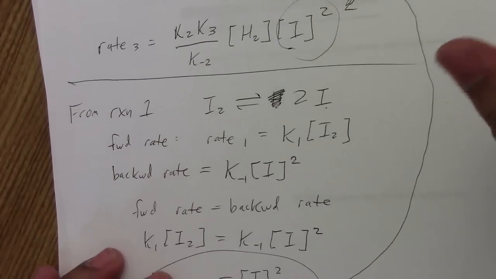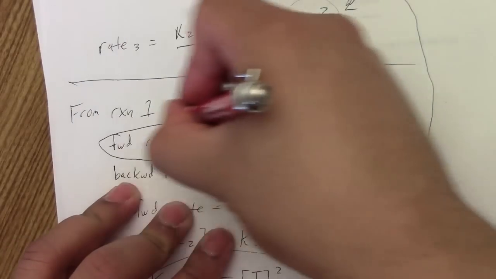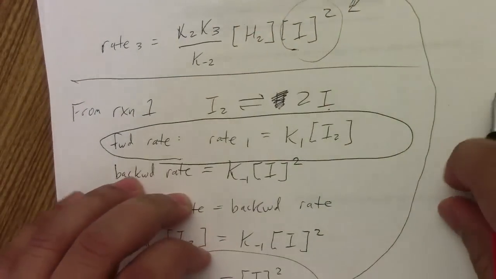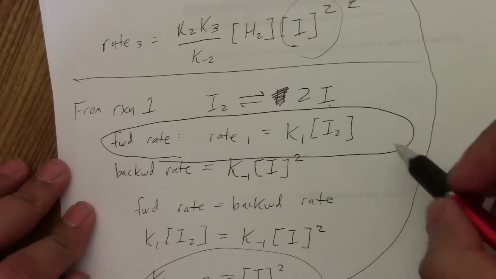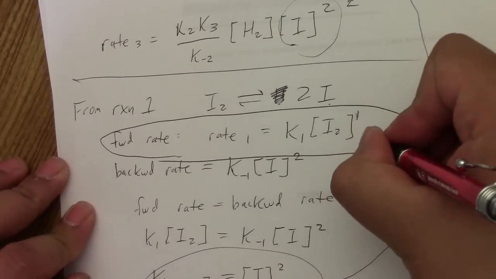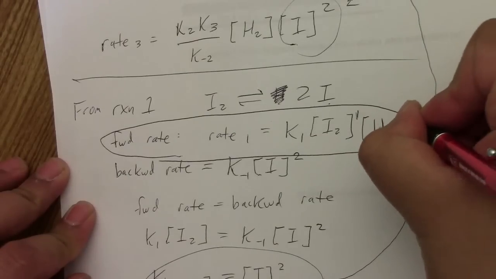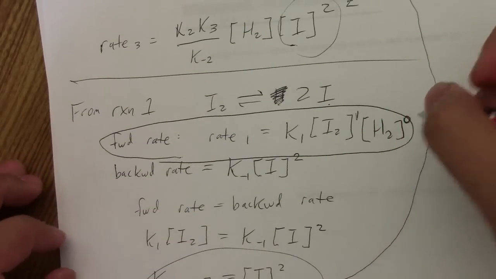So just to clarify that, if reaction 1 had been my slow step, I would only have had to be concerned with this one over here. And then I could say, oh, well, this is clearly just first order. If you want, you can write the concentration of H2 to the 0th power over here, because obviously it's not having any effect.